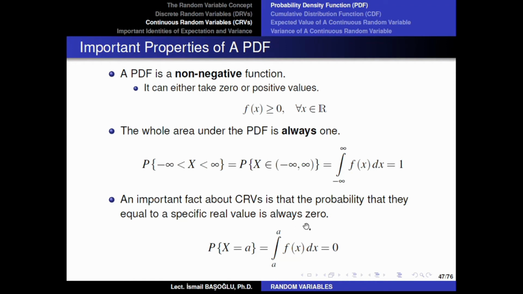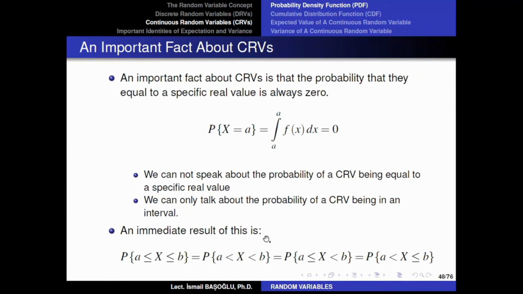Which means for continuous random variables, we can only talk about the interval probabilities. So because when you integrate a continuous function between two boundaries which are the same, this value is going to be equal to 0, we can never speak about the probability of a continuous random variable to be equal to a specific value.